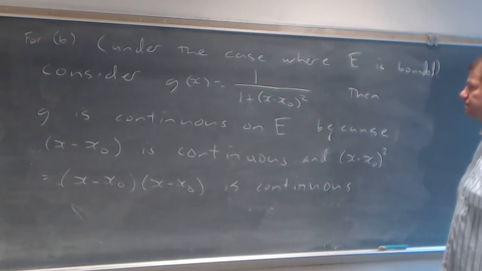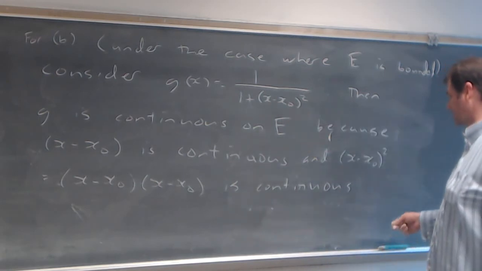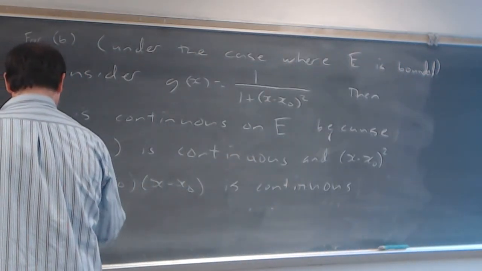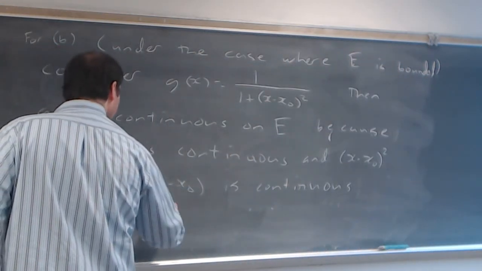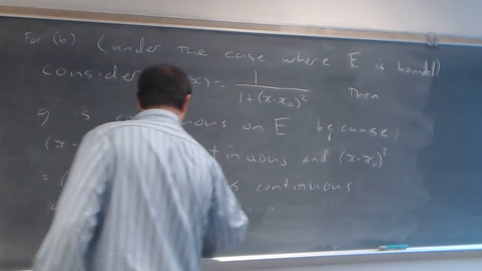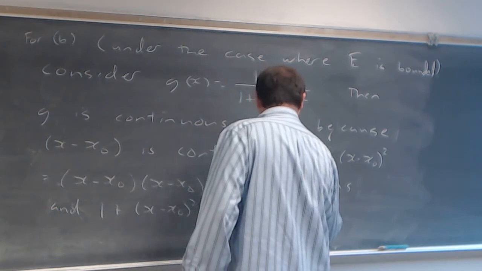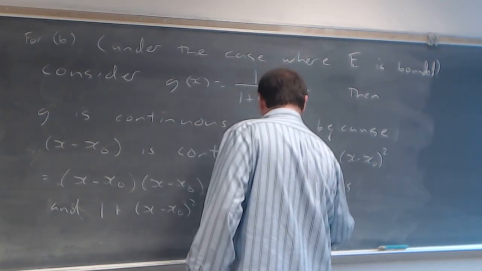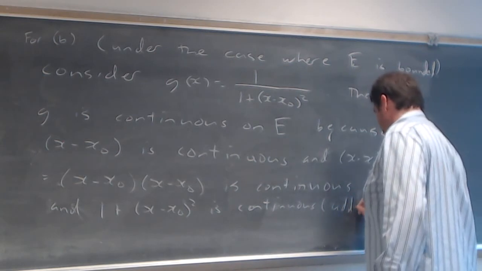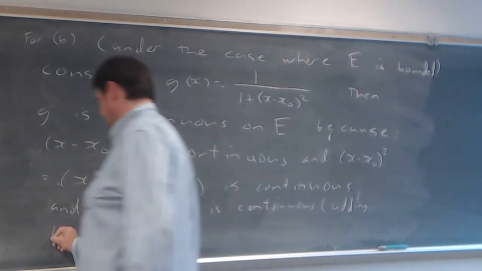And then, what else did we have? If we add 1 to it, that's continuous. And the reason is the addition of two continuous functions is continuous.